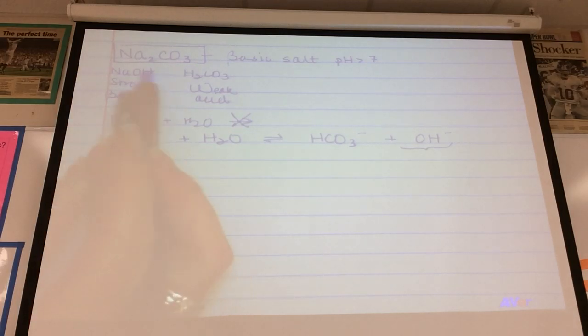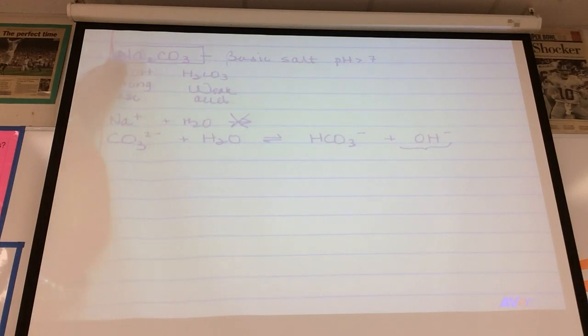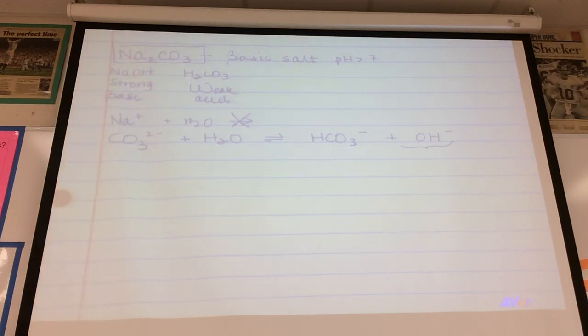If the concentrations were the same, then you might only nab one H off, and as a result, you would get sodium bicarbonate, which is still basic. It would be predicted by concentration.